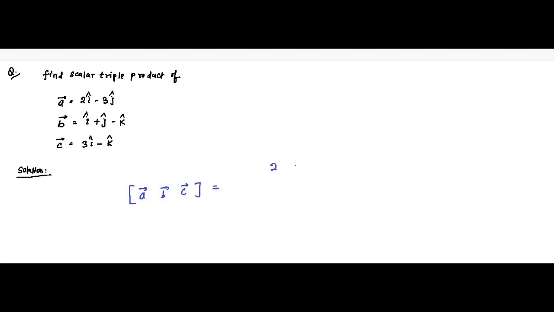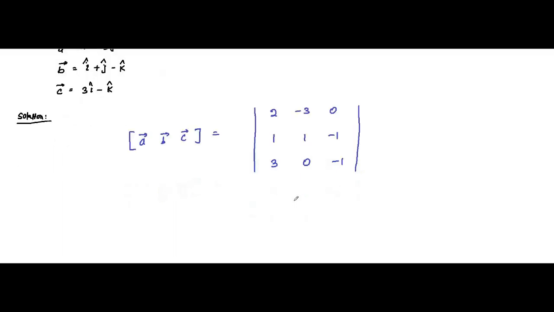2, minus 3, no z component, so it is 0. Then 1, 1, minus 1, then 3, 0, minus 1. So here already there are two zeros involved, so no need to do any cancellation. Easily we can do it.